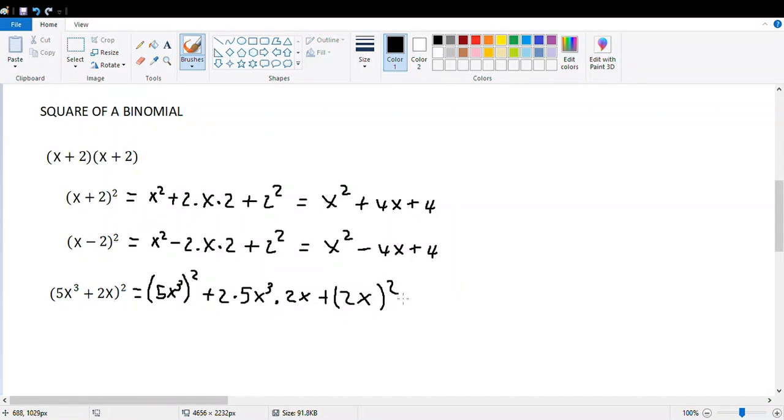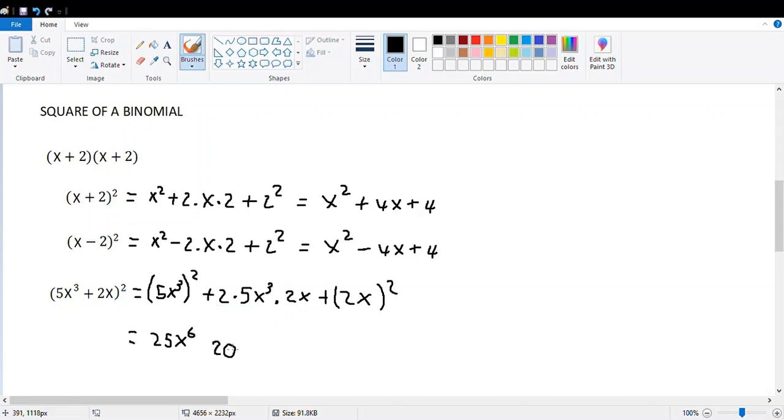And now, exactly the same, solve the operations that are possible to solve. Then the first one is possible, of course. If you don't remember, please check the video exponent rules. But in this case, it's going to be 25x to the 6th power. And now let's continue. 2 times 5 times 2. 2 times 5 is 10, times 2 is 20.